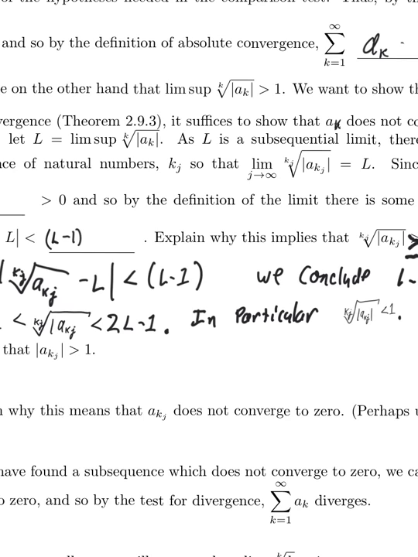Oh wait, but there's an obvious simplification we can make to that. If the k sub jth root is less than 1, then the thing itself must be less than 1.